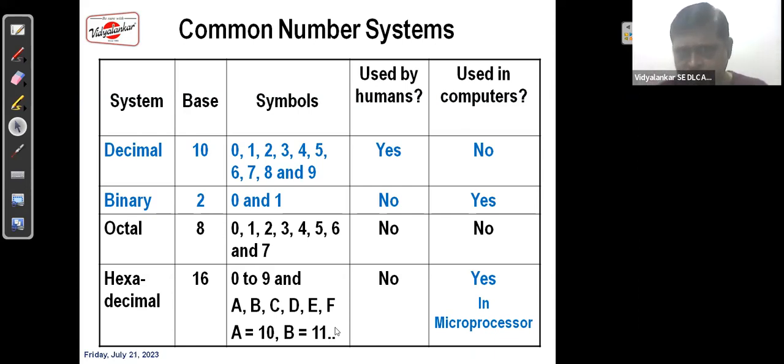Now, if you observe my last two columns carefully, you will find that the decimal number system is used by humans. I already said in the initial 10 minutes, this system is for humans. We talk decimal. The binary number system is for machines, computers. And the hexadecimal number system is used mainly in microprocessors. We will not talk in detail because you will study this subject in semester 4 after learning COA.